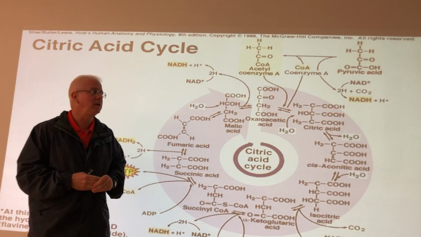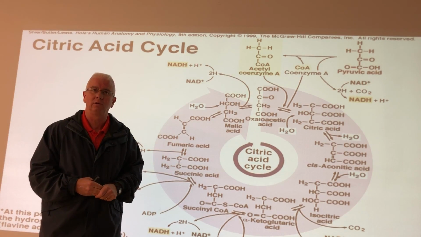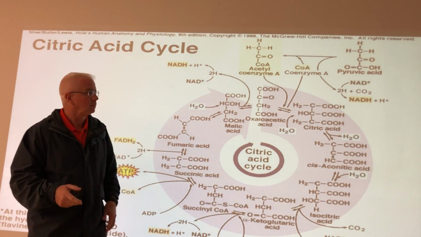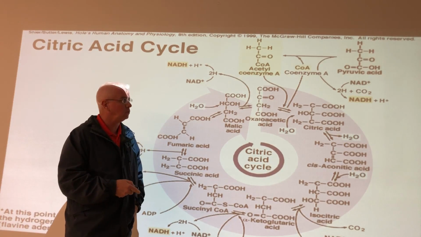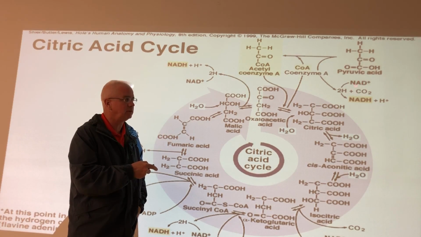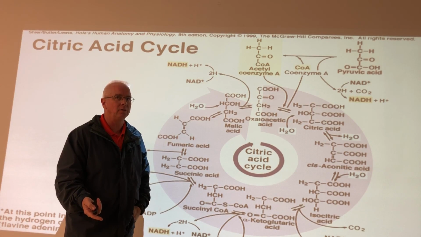So I have only mentioned in brief to you at this point the importance of oxygen. So let's do that one first. The reason we mentioned oxygen was because I told you if you do not have an oxidized version of this coenzyme, you cannot enter the citric acid cycle.